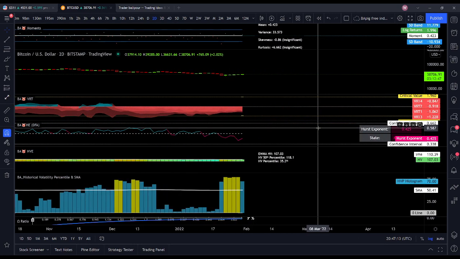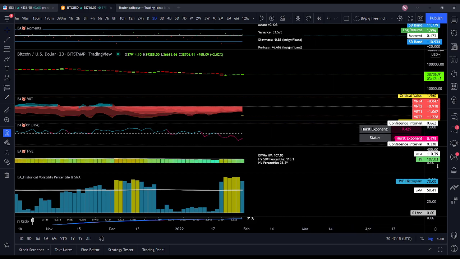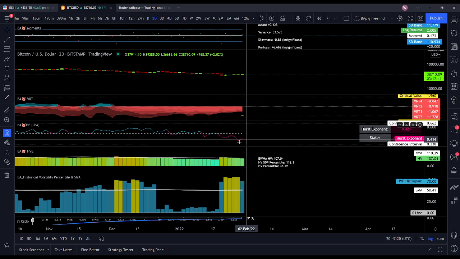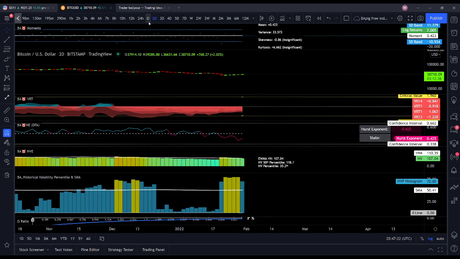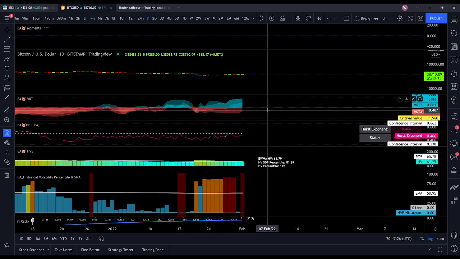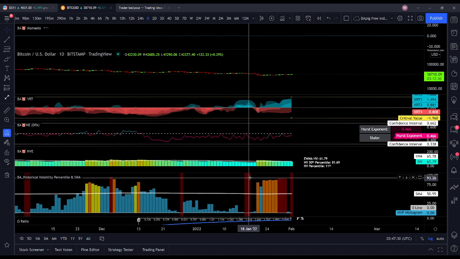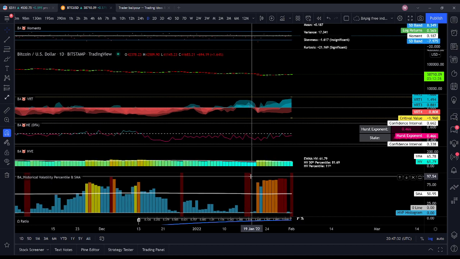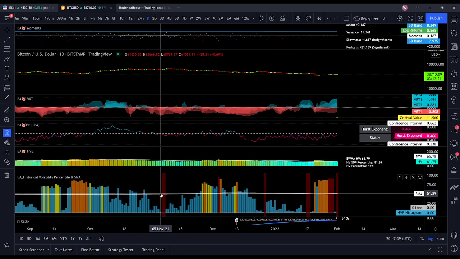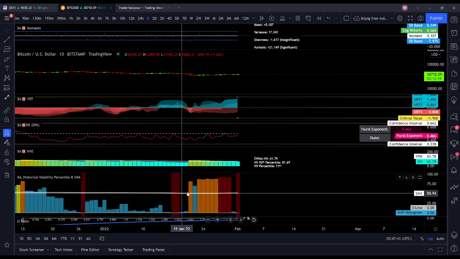So looking at the mean reversion here, while the 2-day isn't showing us much, maybe we can go to a daily. People always ask what's the best time frame to trade on, but it really is just being able to look at where the extremes are occurring and what seems likely.